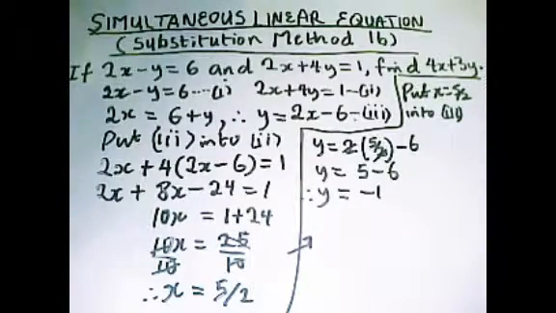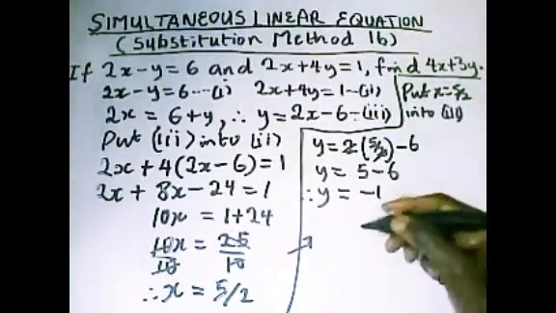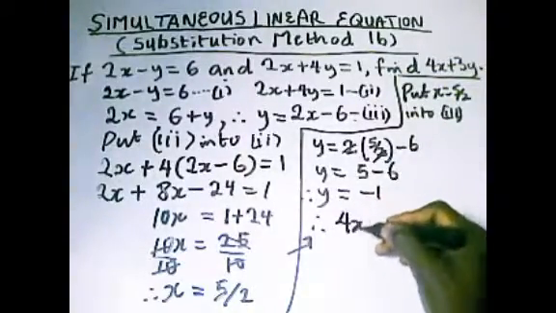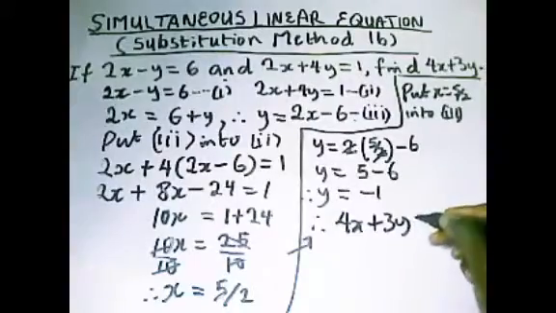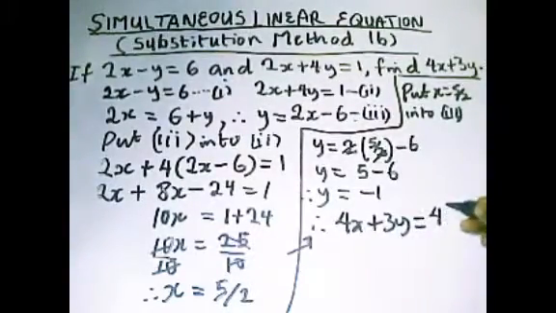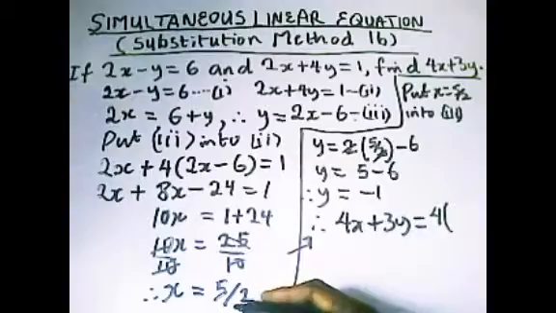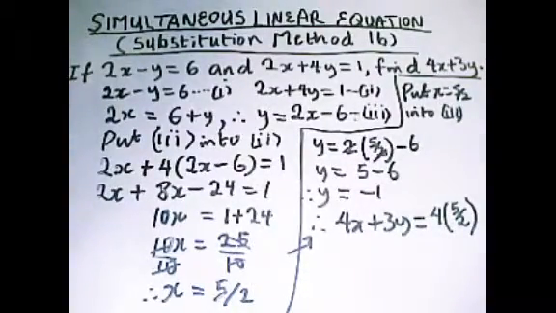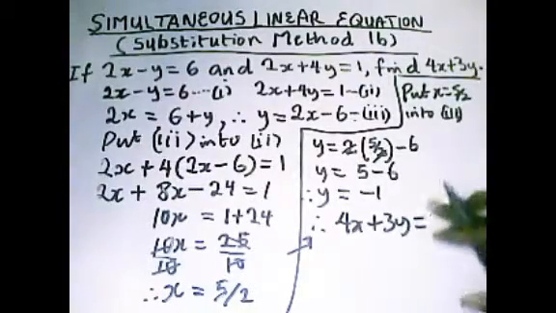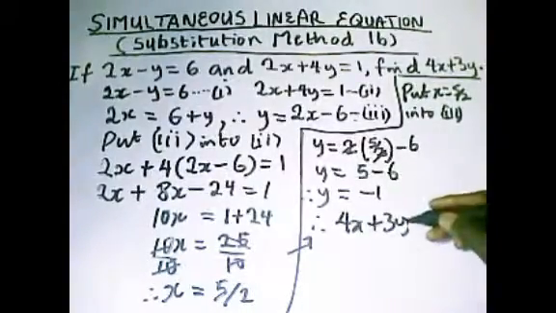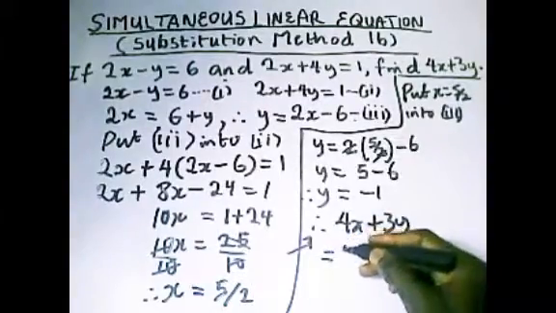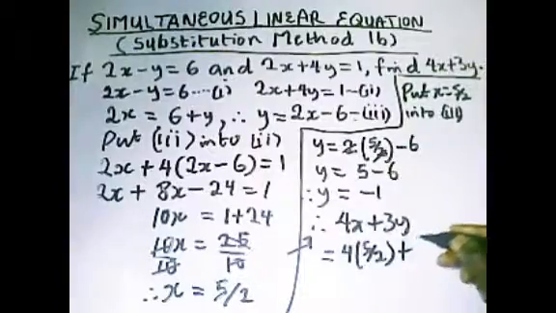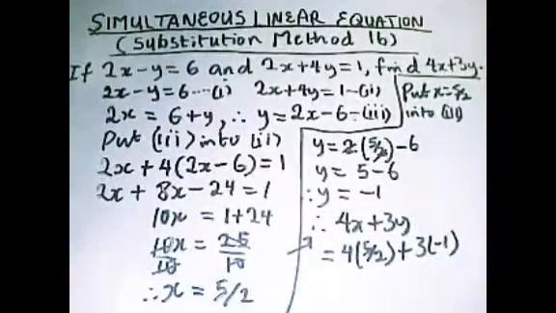So we have the value for y, we have the value for x, therefore we can summarize the final result for 4x plus 3y. This will be equal to 4 multiplied into the value of x, which we have here as 5 upon 2. So this value is equal to 4 into bracket 5 upon 2 plus 3 into bracket minus 1.